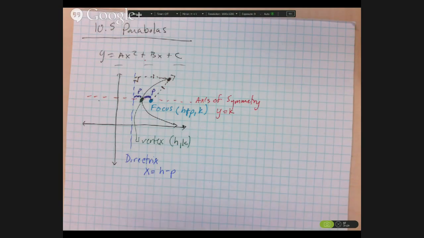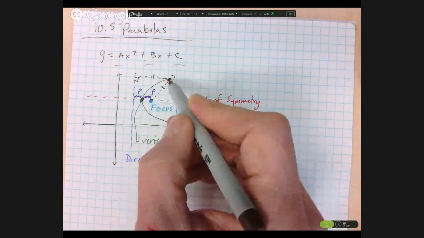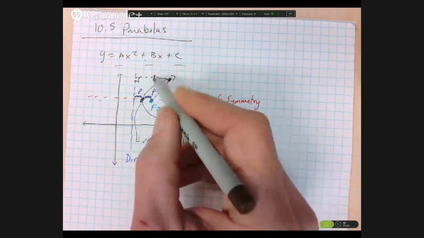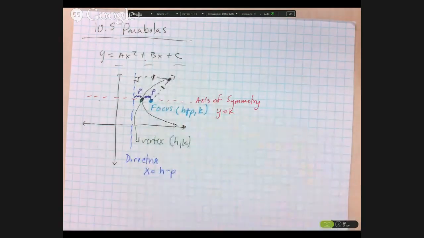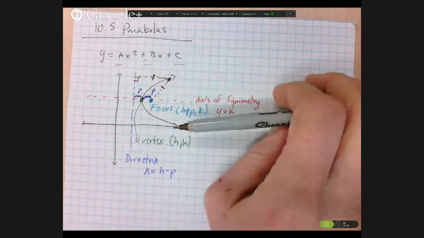So from the focus to any point, and from that point to the directrix perpendicularly, those are congruent. They're the same length. That's the neat quality about a parabola. What that does is, a lot of you have satellite dishes, right?